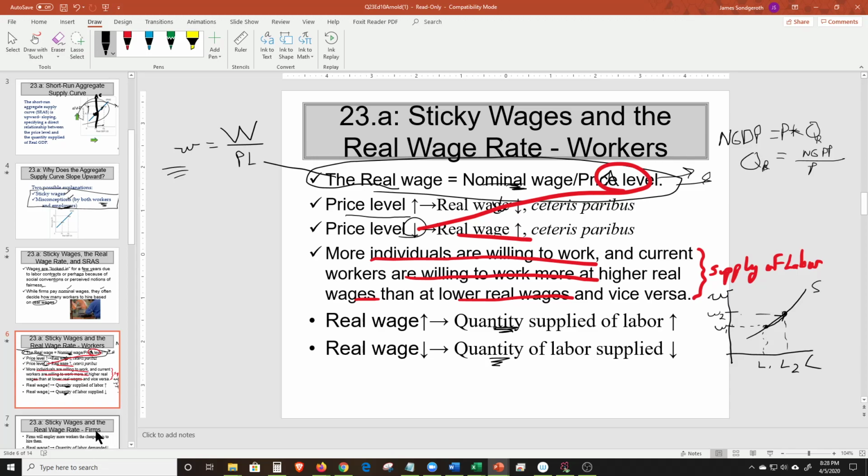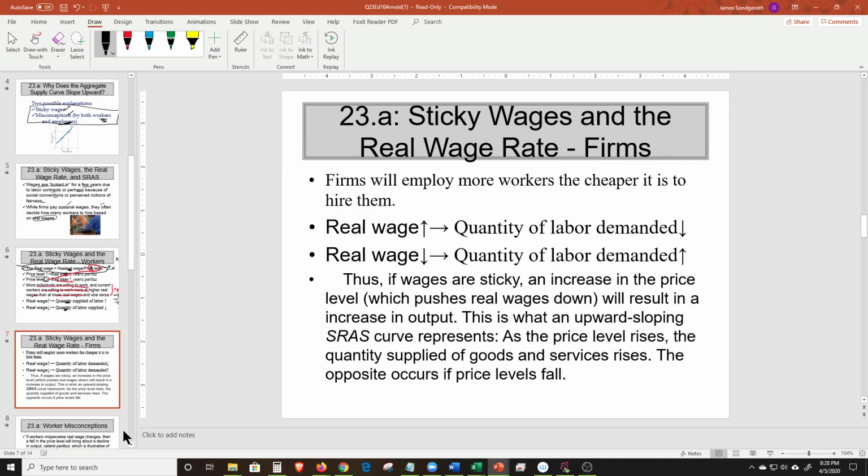I'm not sure. Because apparently it's the business firms. So now we're going to talk about firms will employ more workers the cheaper it is. So all of a sudden, without bringing the supply curve in, we have the labor market again, but only with the demand curve. So here's the real wage.